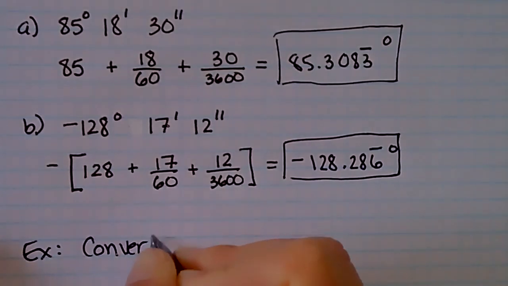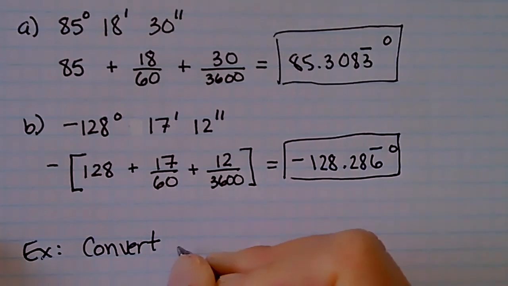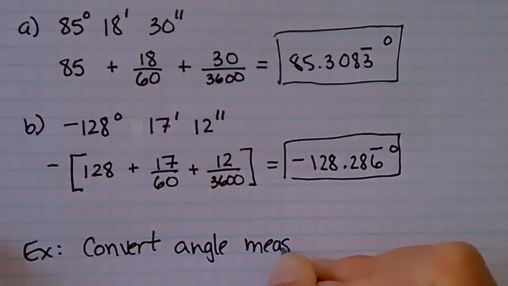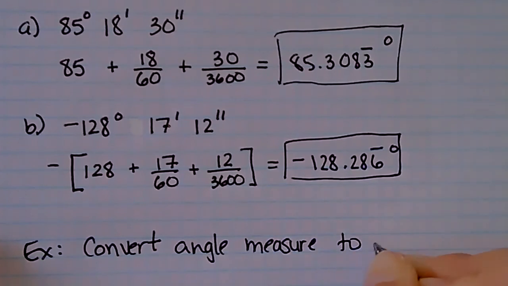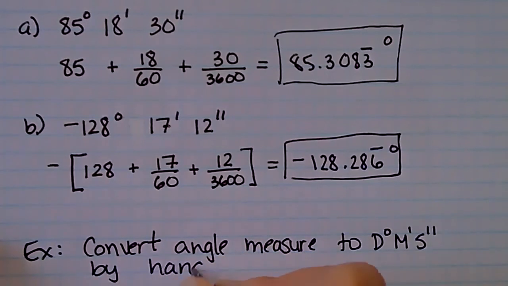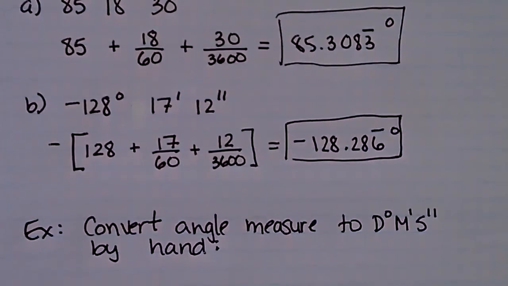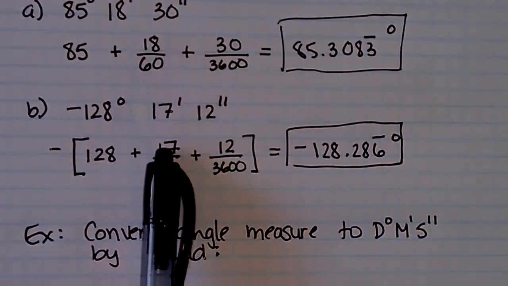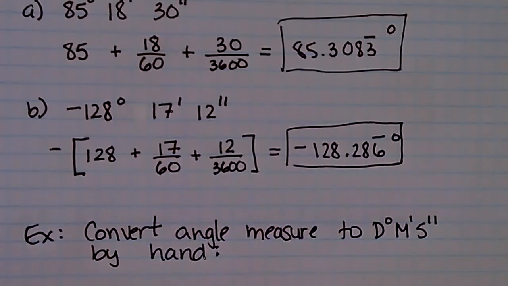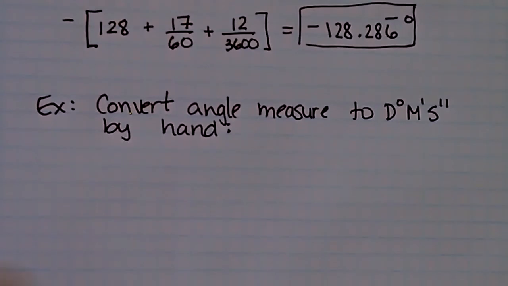Convert angle measure to degree, minutes, seconds by hand. And on your homework today, I want you guys to show the steps like this. Obviously, you can then use your calculator, and similar idea when we're doing these ones down here.